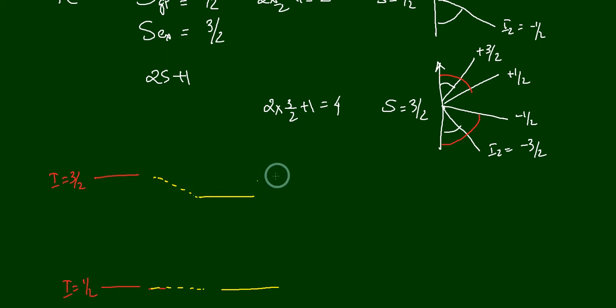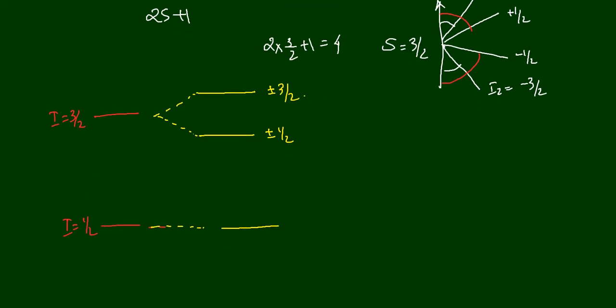One energy corresponds to I = plus or minus 1/2, and this one corresponds to I = plus or minus 3/2. So these are the energy levels for the excited state and the ground state nuclei.